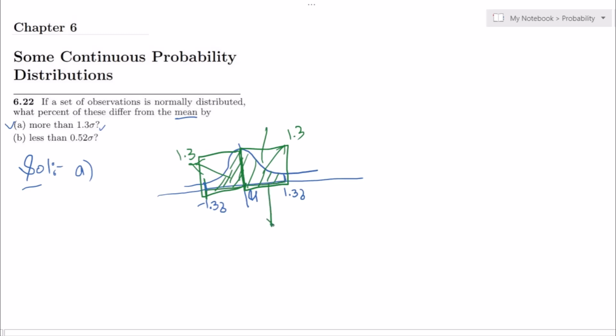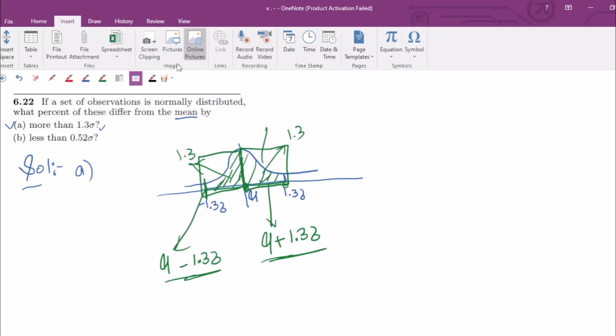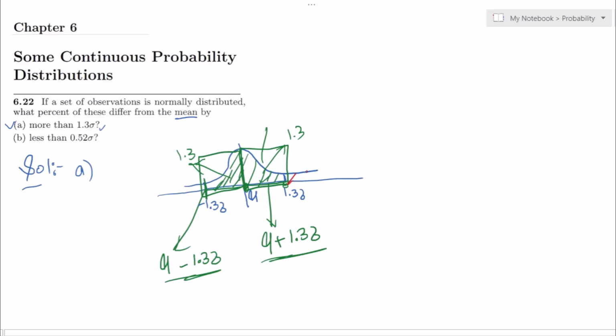So what is this distance equal to? If this is the mean, this point will be at mu plus 1.3 sigma, and this point will be at mu minus 1.3 sigma. These are the 2 points. Now in order to find the probabilities, we must count both of them, because the percentage we want to find out is this one and this one.